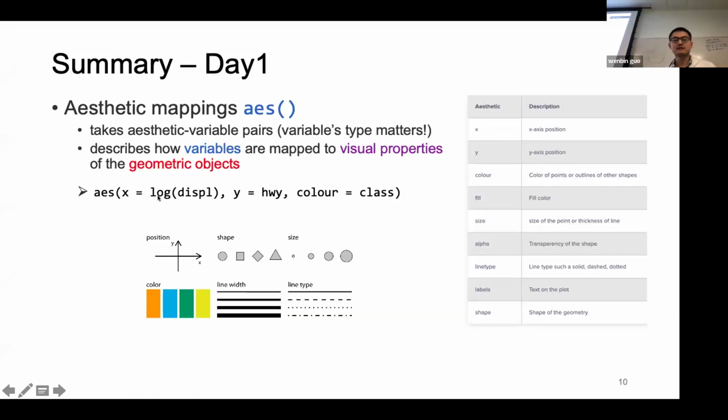You can directly specify the variable names to the aesthetic variables. It also supports some simple transformations. For example, here we can apply the log transformation to a variable and assign it to the aesthetic variables.